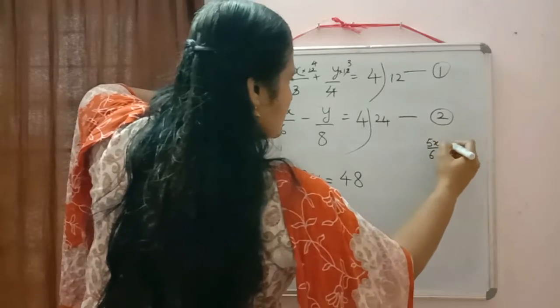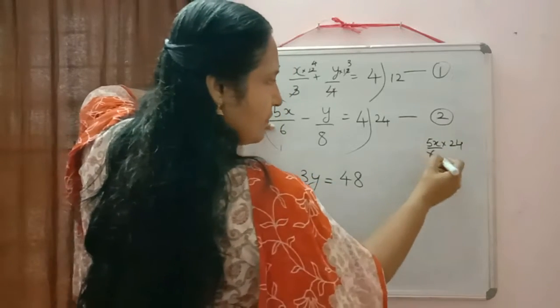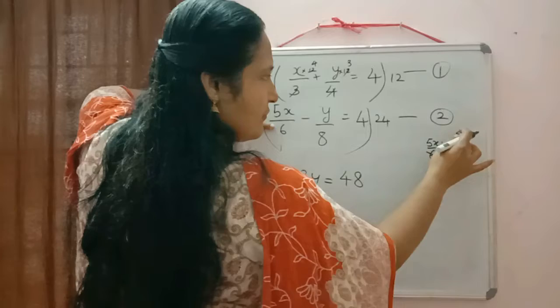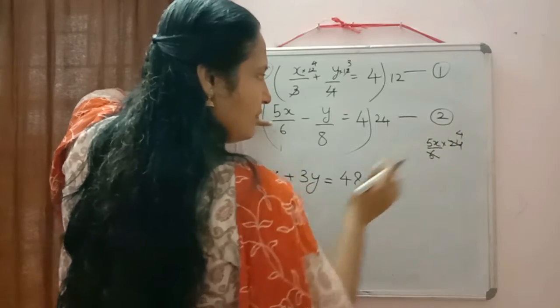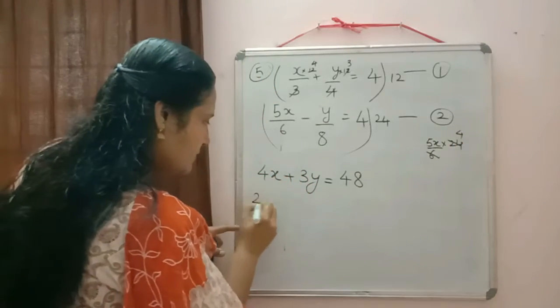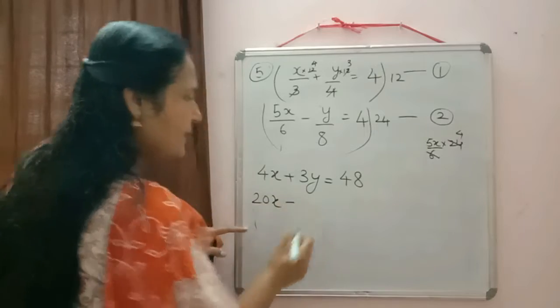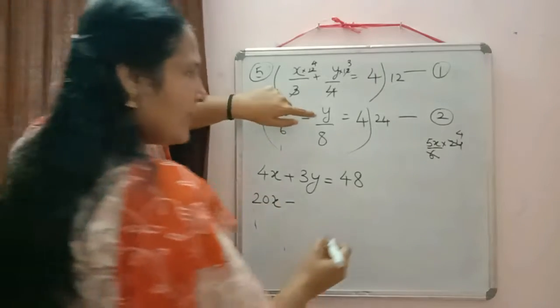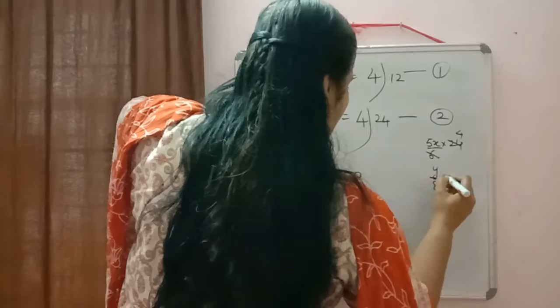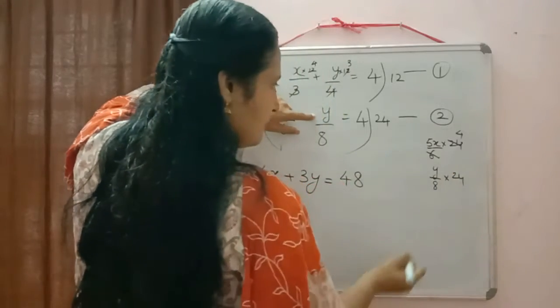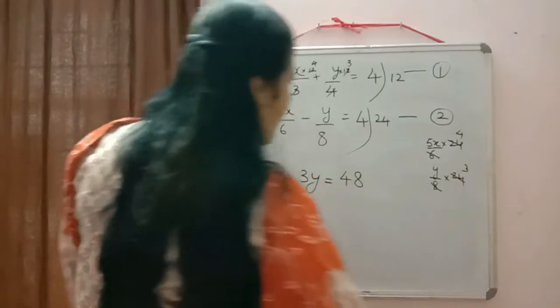5x by 6 will get multiplied by 24. 6 4s are 24, and 4 into 5x, 5 into 4 is 20. So we are getting 20x minus, now y by 8 will get multiplied by 24. 8 3s are 24.